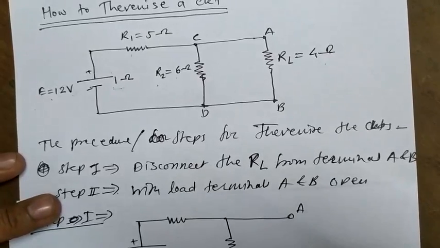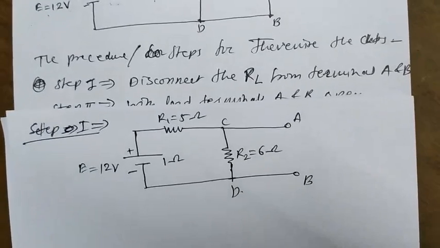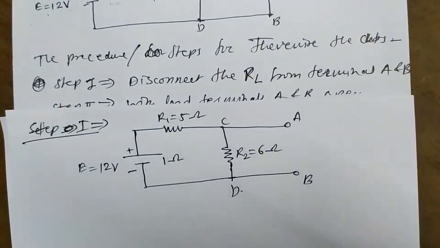This is A, this is B, this is C, this is D. This is R1 equal to 5 ohm, R2 equal to 6 ohm, and this is E equal to 12 volt having internal resistance 1 ohm. Now we have removed the load resistance from load terminals A and B.